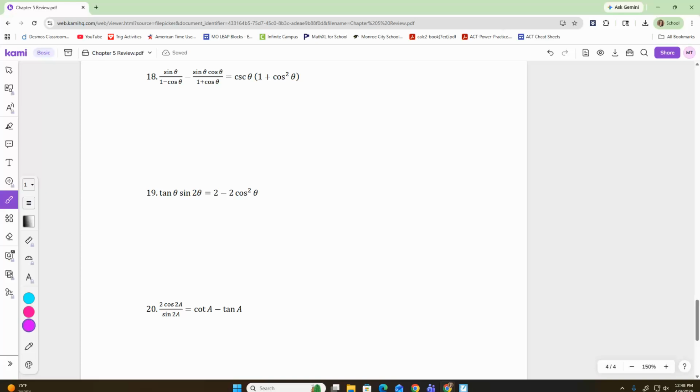All right, problem 18. Which side did you box in? This one is a little bit ugly. If we want to add or subtract fractions, what do we have to have? Right, so I'm going to have to take the first one times 1 plus cosine theta on top and bottom.